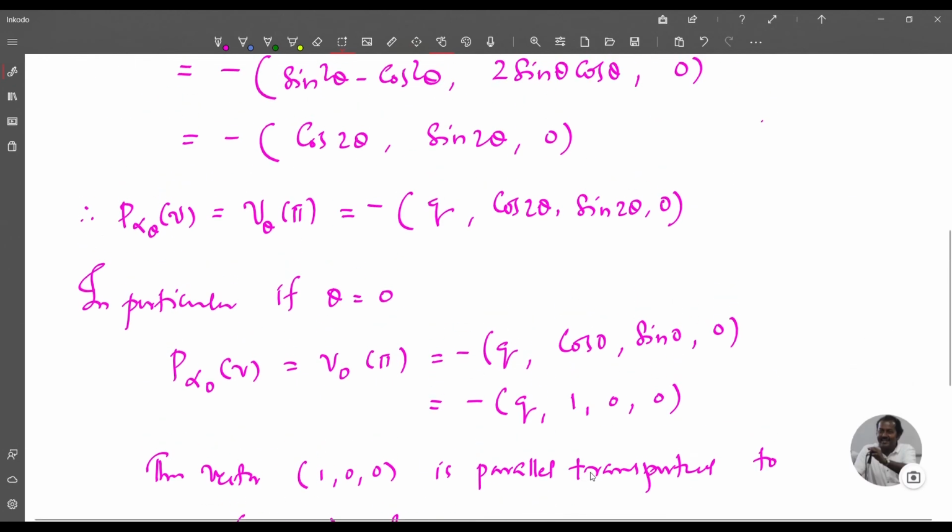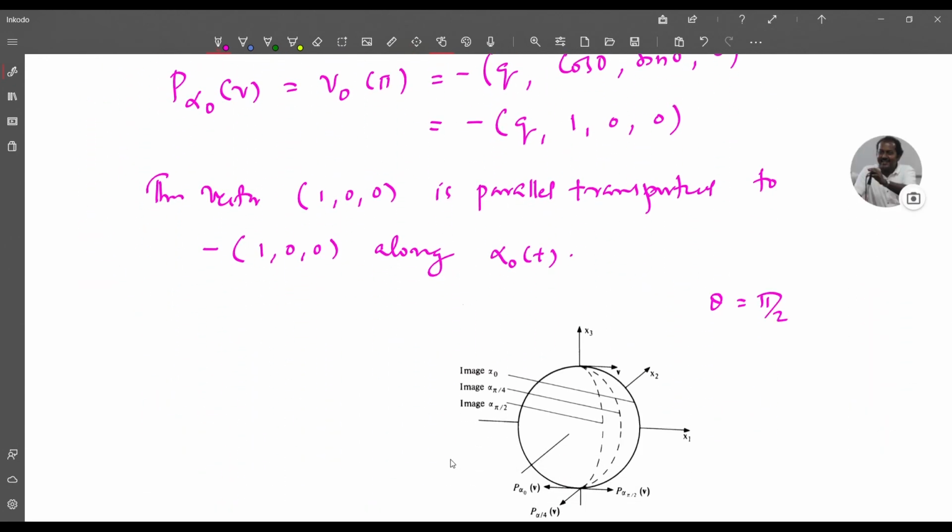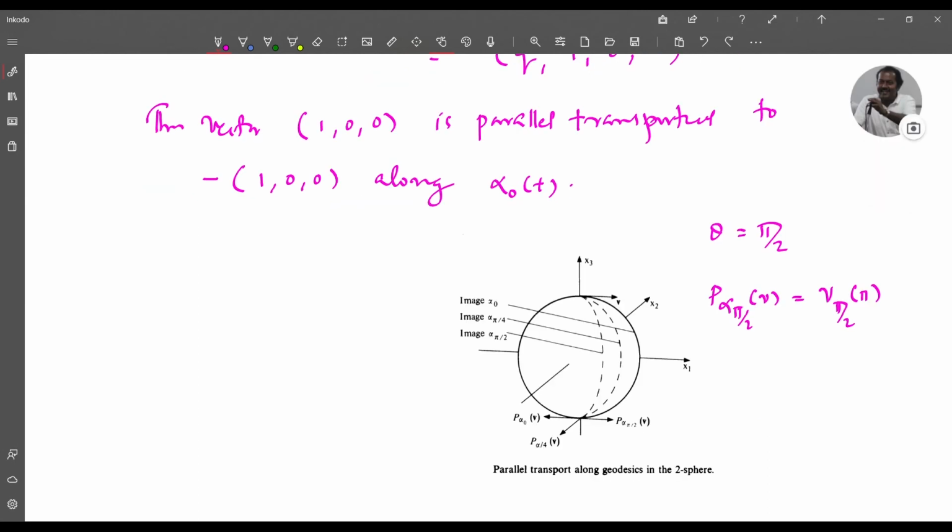when theta is pi by 2, you know P alpha pi by 2 of V is equal to V pi by 2 of pi. So this is equal to minus at P, cos 2 pi by 2, sin 2 pi by 2, 0.